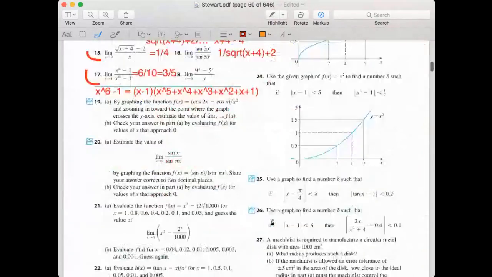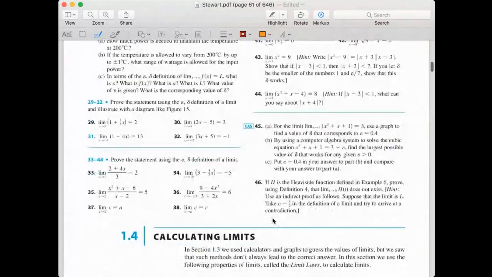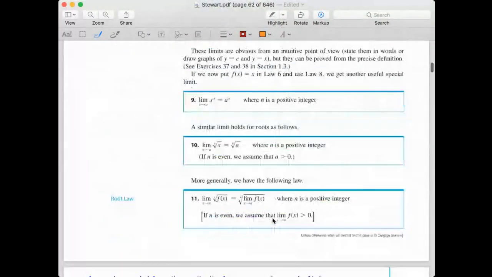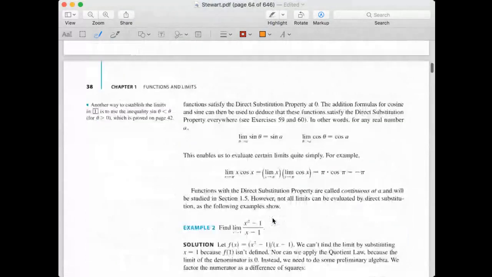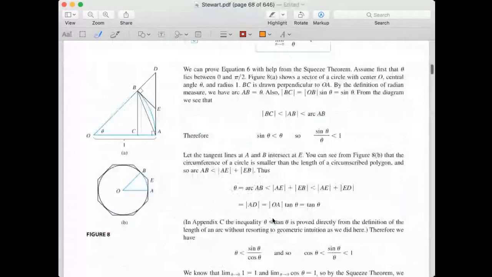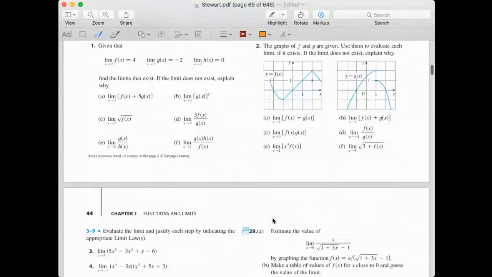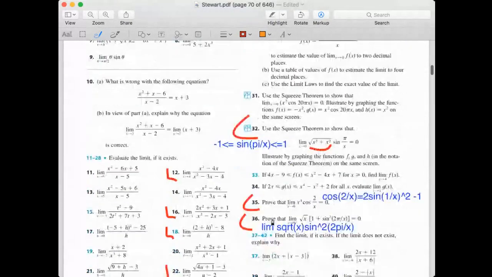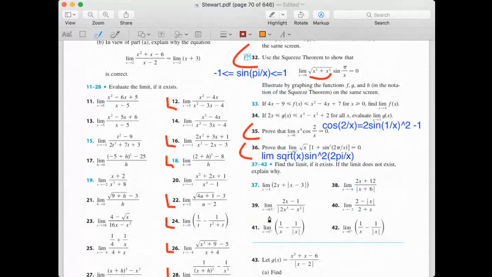It's similar to the one I showed you right here. The squeeze theorem is basically where you want to manufacture a bound. Let's see this case, 36.